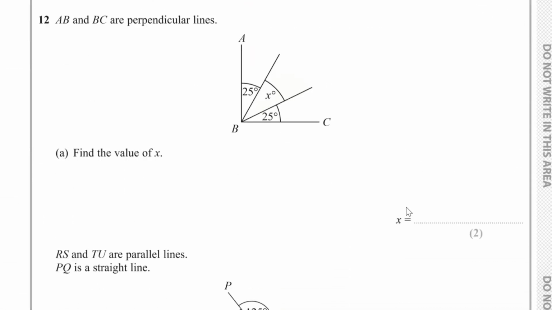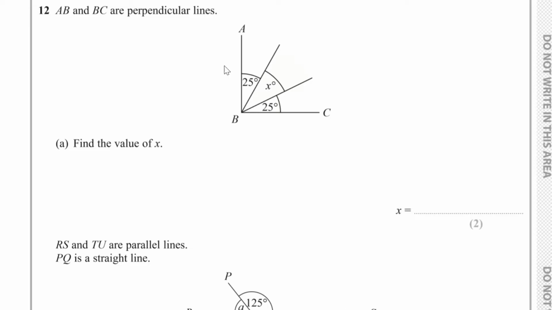Question number 12. AB and BC are perpendicular lines. We have to find the value of x. Well, if we have perpendicular lines, we can see over here that the angle ABC is a right angle. Of course, we have 90 degrees. So these three angles added together must give this 90 degrees.